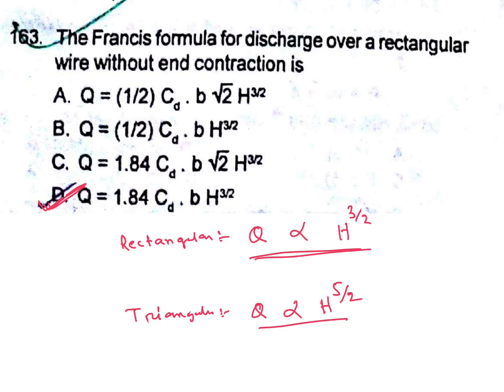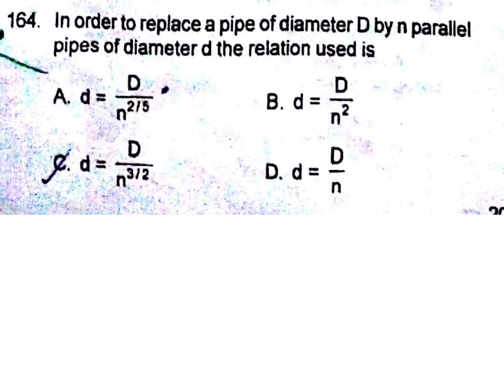In order to replace a pipe of diameter D by n parallel pipes of diameter small d, the relation used is parallel connection. So for parallel connection we know Q equivalent equal to Q1 plus Q2 plus up to nth pipe discharge.